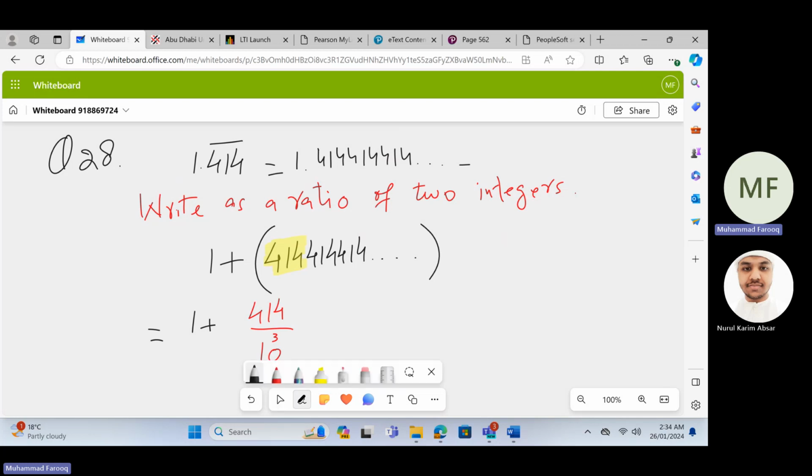Plus the second 414, which comes after 6 decimals, so 10 to the power 6. The third group, 414, is over 10 to the power of 9. And of course it will continue like that, and we keep doing it infinitely. Okay, now.